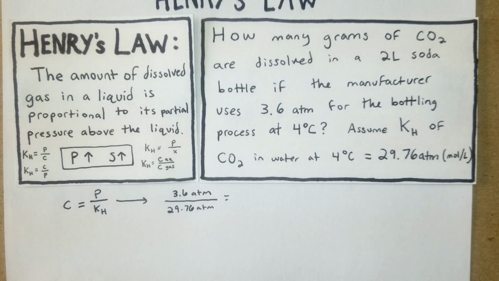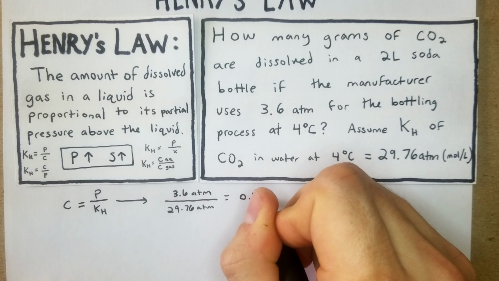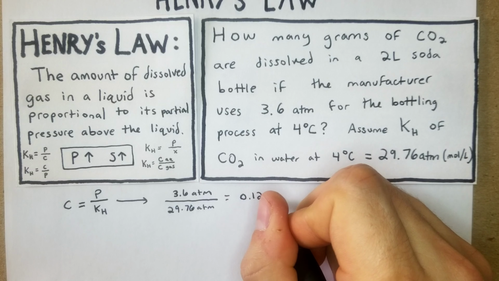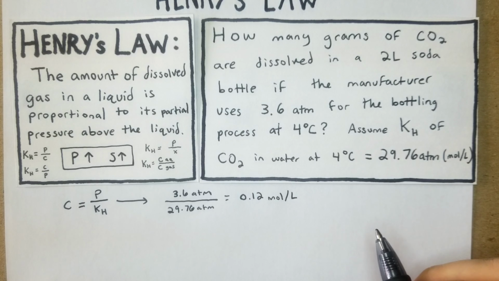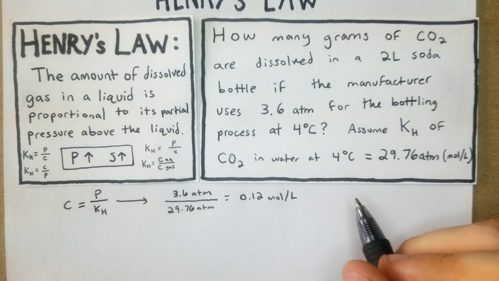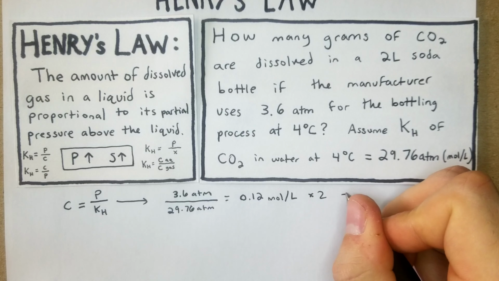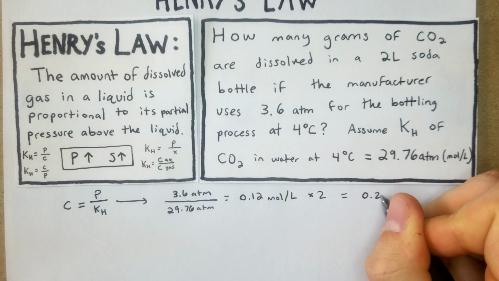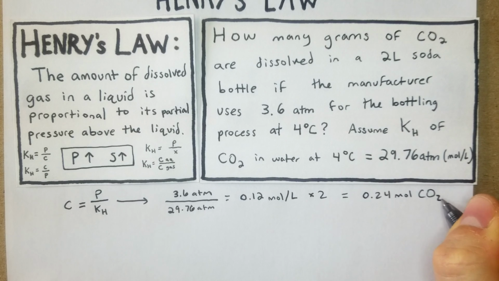What we're going to get is 0.12 moles per liter. And then we know they're asking for 2 liters, so we're just going to multiply that by 2 for the 2 liters, which equals 0.24 moles of CO2.